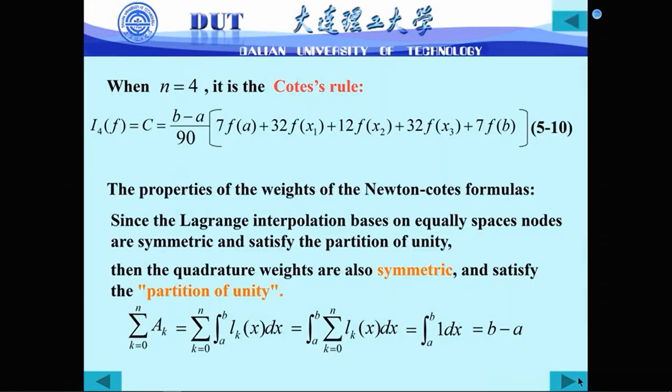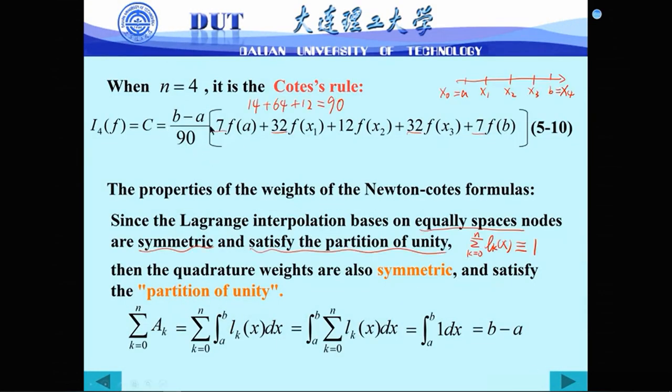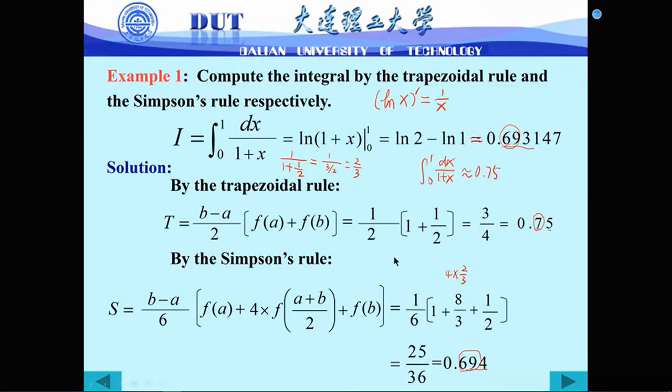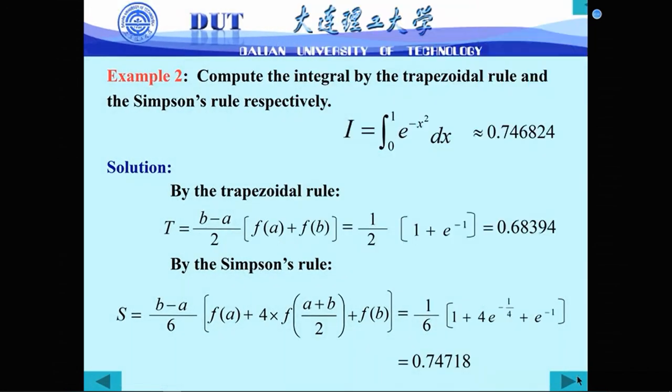Okay? We also have Cotes rule. If it is necessary, you can check in some manual book. Okay? You can check the other quadratures too. Okay? And you should remember the weights are symmetric and satisfy the partition of unity. Okay? So you can practice by the examples.